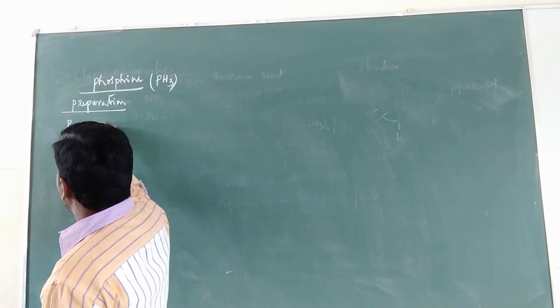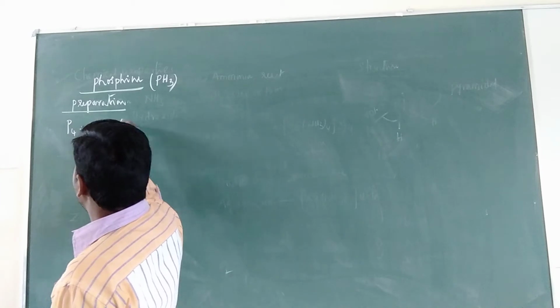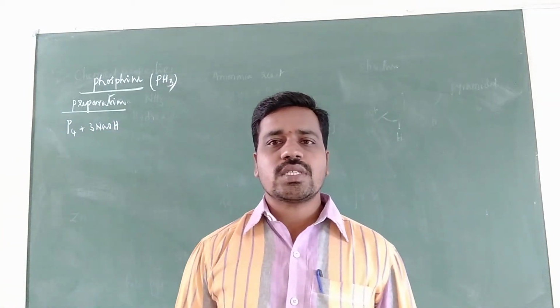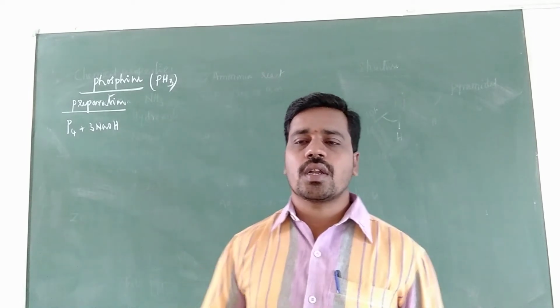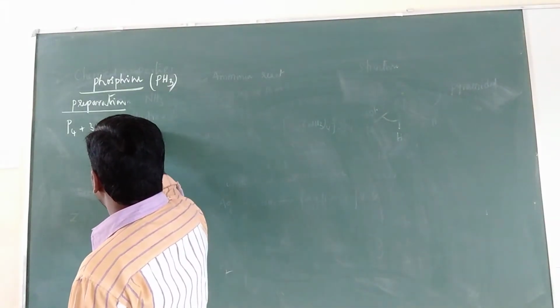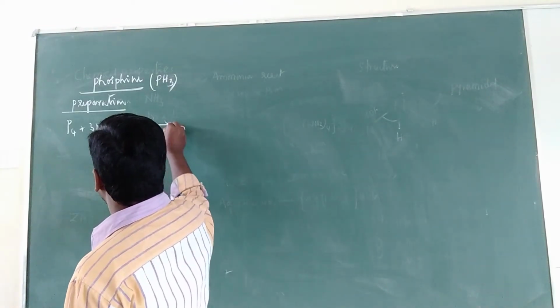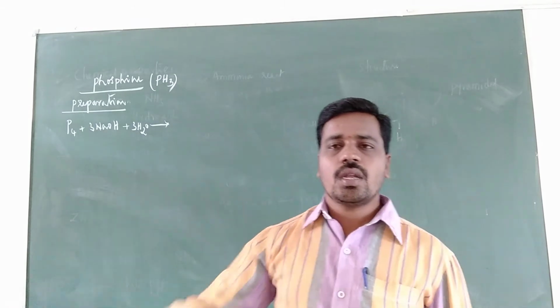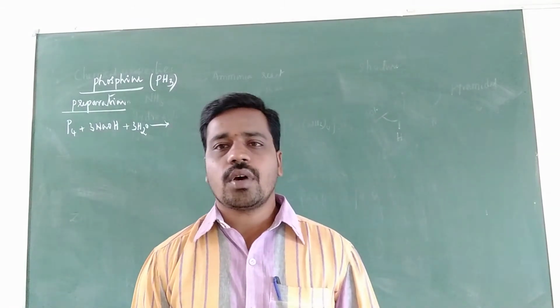White phosphorus reacts with sodium hydroxide. Here sodium hydroxide is aqueous, which means it should be soluble in water. That's why I am taking 3 moles of H2O. Sodium hydroxide should be soluble in water, that's why I am writing water.